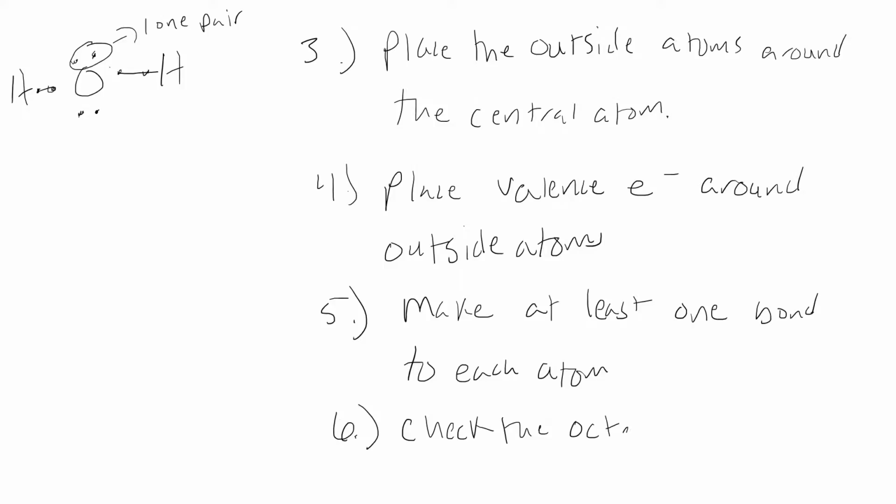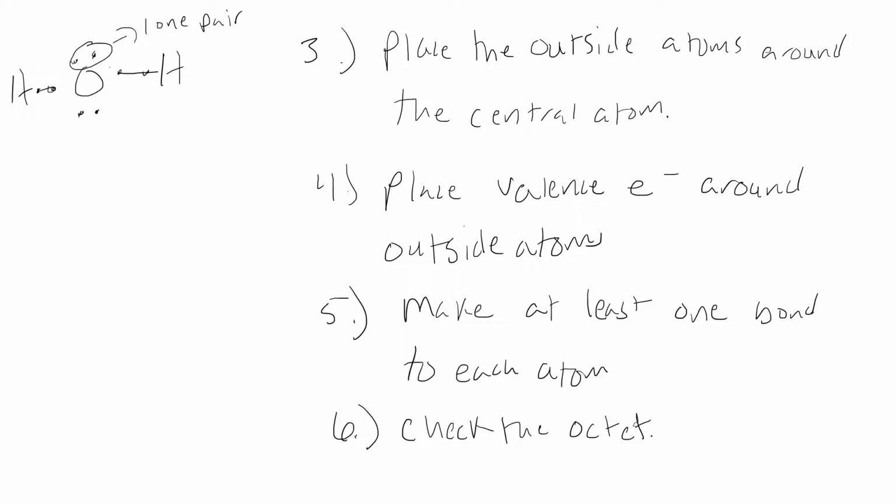The next thing that you want to do is check the octet rule. The octet rule says that for most non-metal species, you want to make sure that you have at least 8 valence electrons.